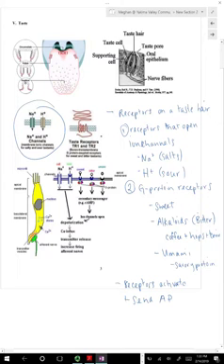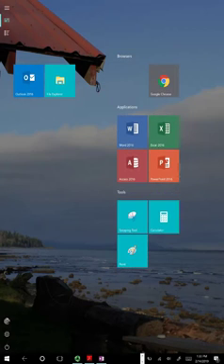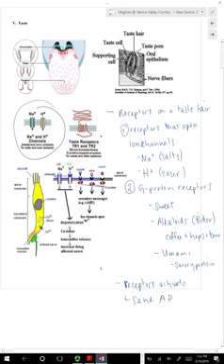They have different mechanisms for doing so, but generally speaking, they're going to let some sort of ions into that cell. It's going to depolarize the membrane. I'm just going to put depolarize over here so we remember. So they're depolarizing the membrane.